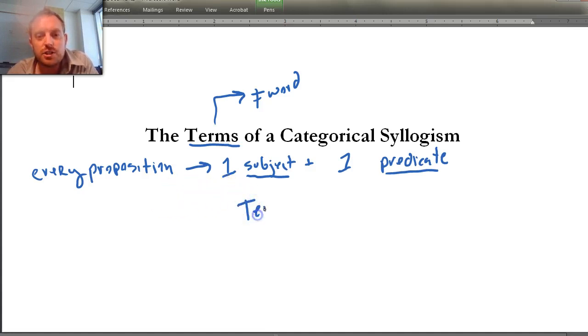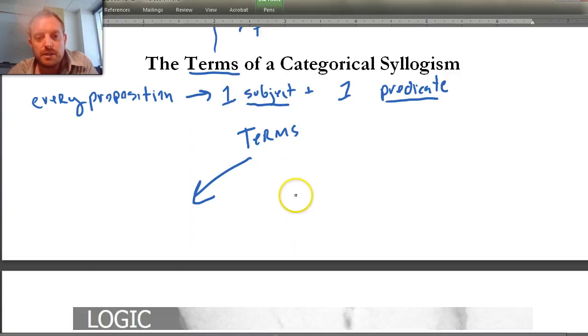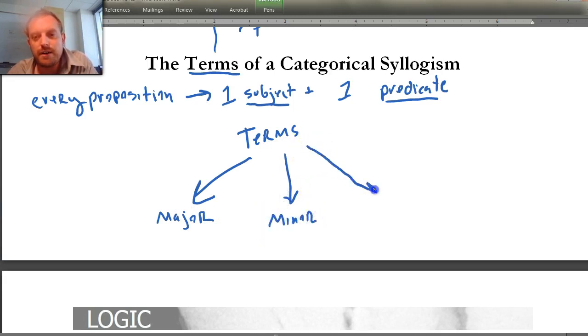Okay, so let me see if I can explain this. If we take the terms, there are three types of terms, briefly put. There's the major term. There's what's known as the minor term. And then finally, there's the middle term. Now, what's the distinguishing feature of each of these?